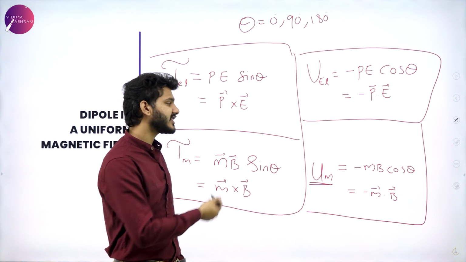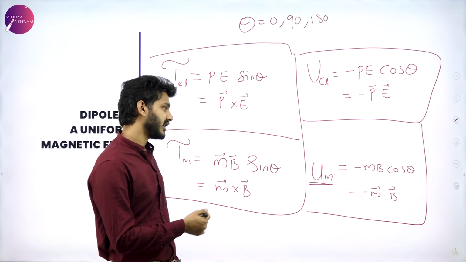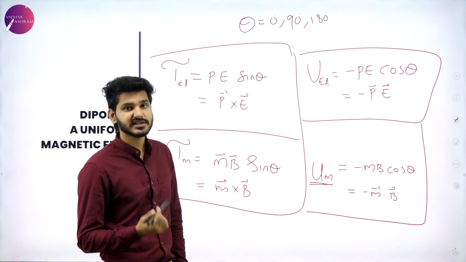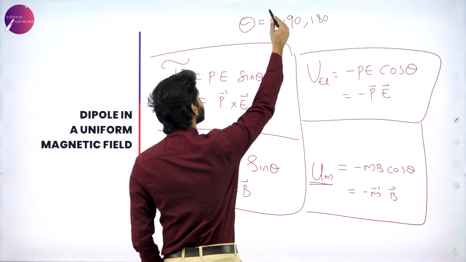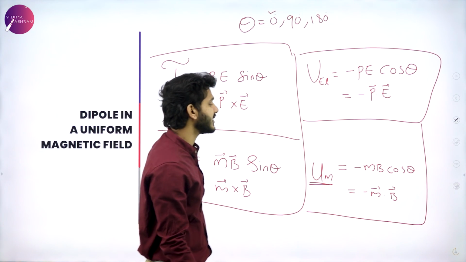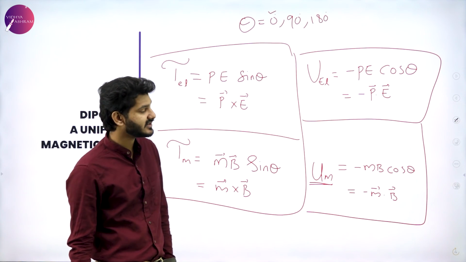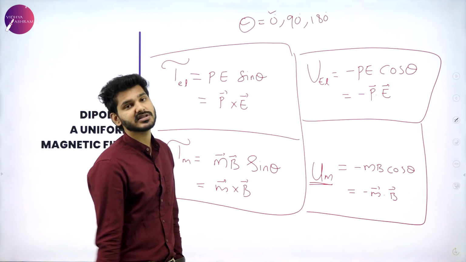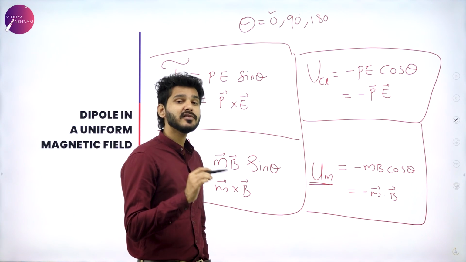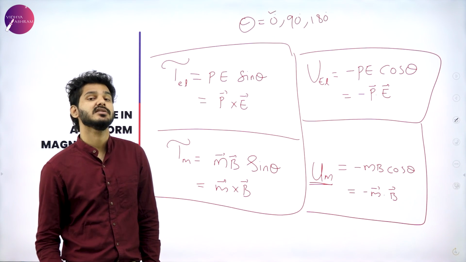So the potential energy is minimal in the case where theta is equal to 0 degrees. Then what happens when theta is equal to 90 degrees? Cos theta will be equal to 0, which means there will be 0 potential energy as the dipole is perpendicular to the magnetic field.